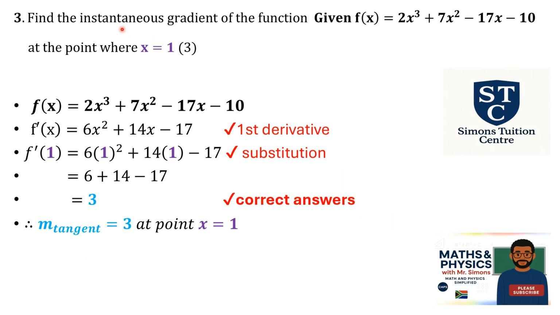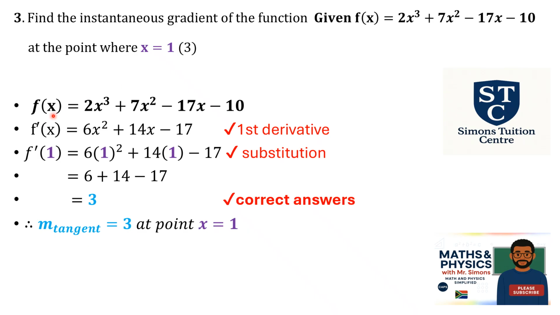Find the instantaneous gradient of the function f of x equals 2x cubed plus 7x squared minus 17x minus 10 at the point where x equals 1. So again, just to refresh, see the word instantaneous gradient, I'm finding the first derivative, right? Then I must substitute the value 1 into the first derivative.